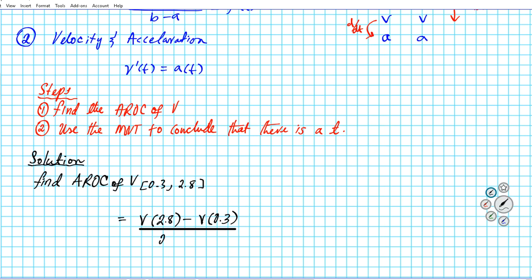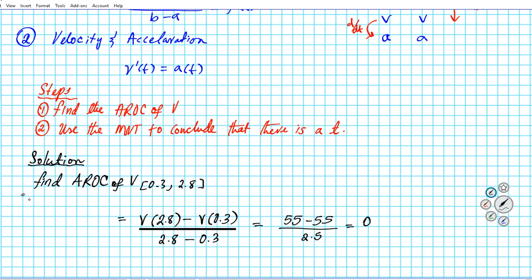Then you use your table to find v of 2.8 and v of 0.3. You're going to get 55 minus 55 divided by 2.5, and then you get the average rate of change of 0. This is the slope of the secant line. It's a horizontal secant line.